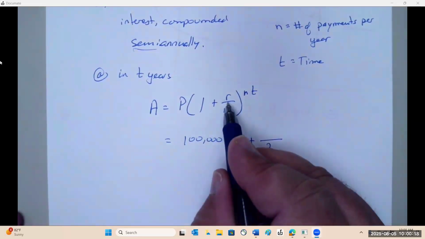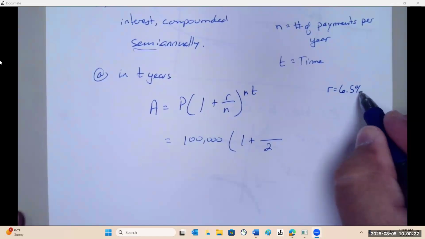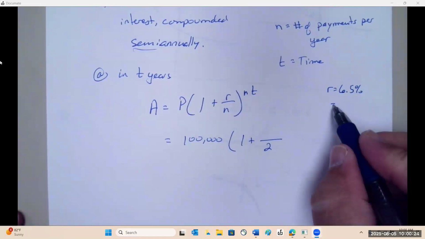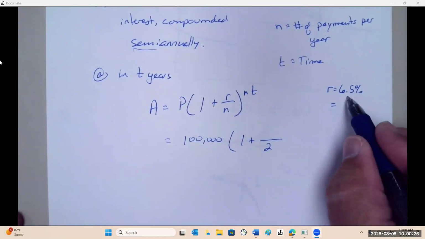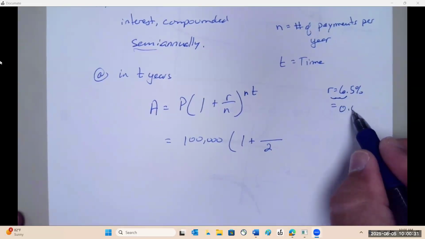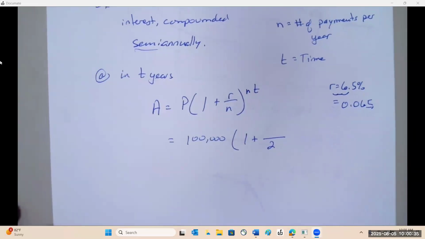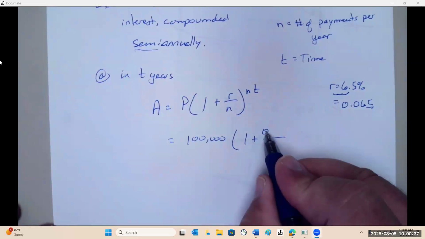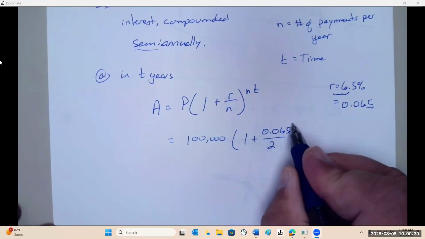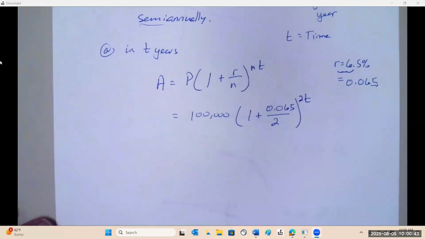What's your rate? Your rate is 6.5%. Convert that to decimals, you move the decimal place 2 to the left. So it's 0.065, to the power 2 times T. So this is what your formula would look like.